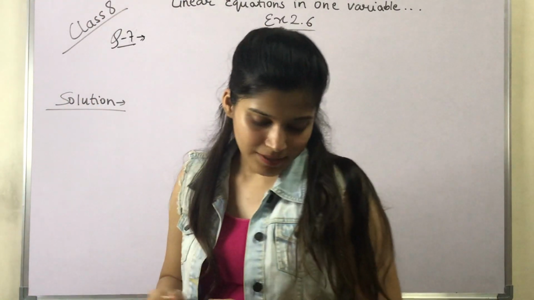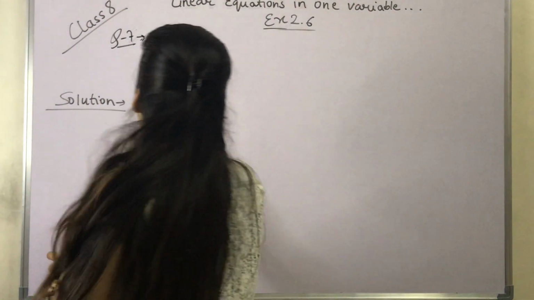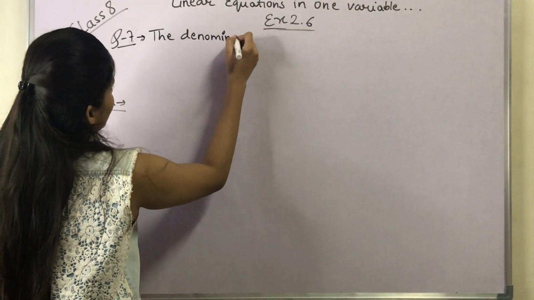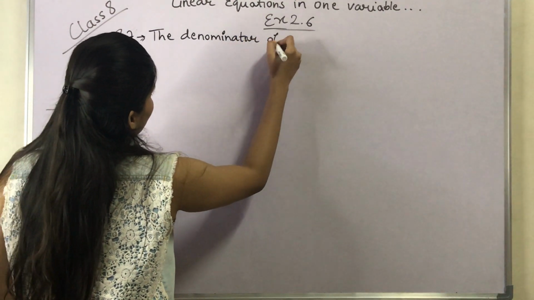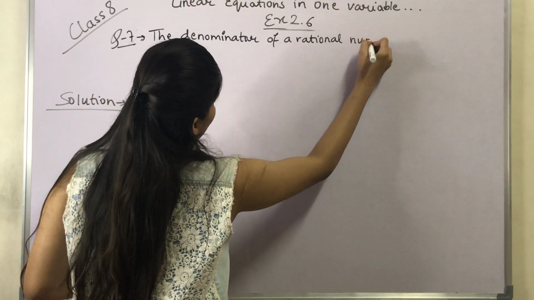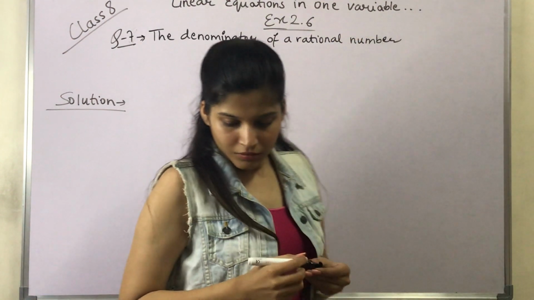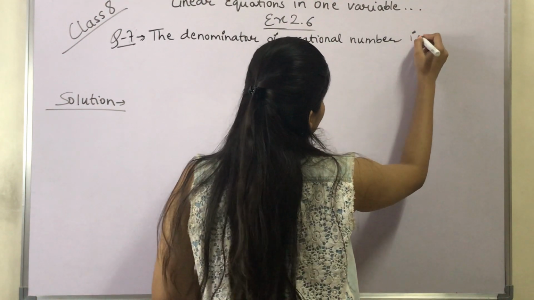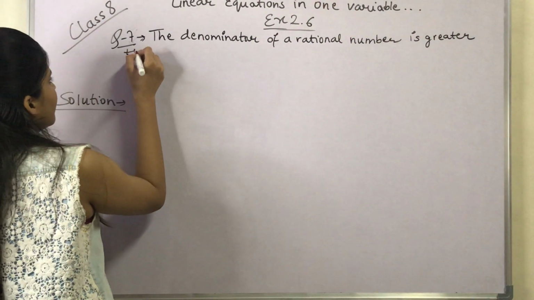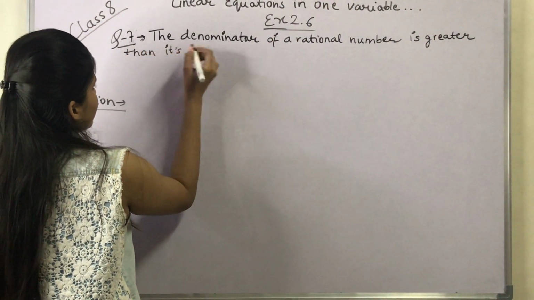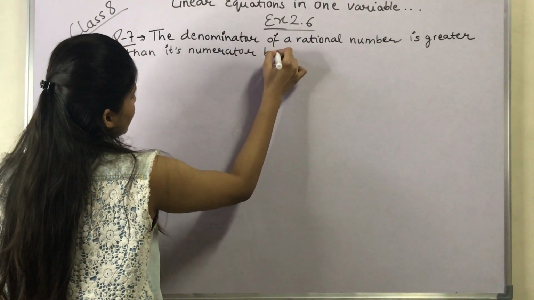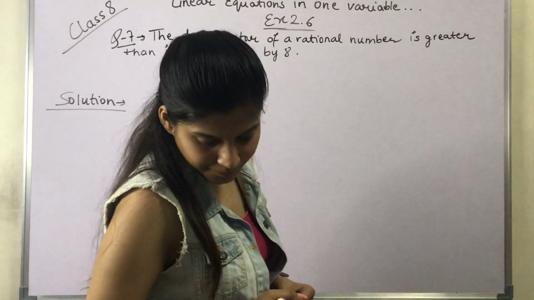The denominator of a rational number is greater than its numerator by 8.